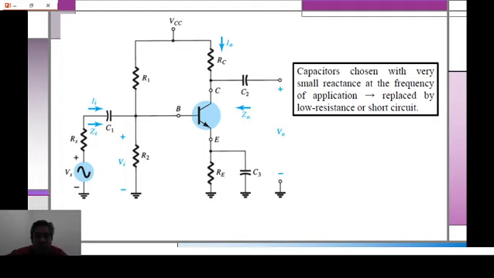For the BJT circuit, we have to consider all the capacitors inside the circuit, which means not to ignore the capacitors as we do in the DC analysis. So let me demonstrate how to do the re model for this circuit.